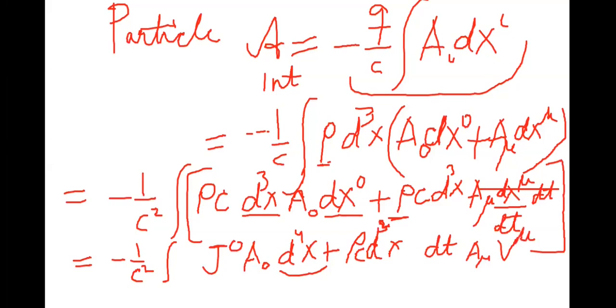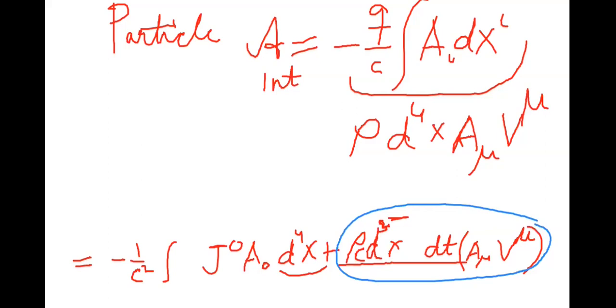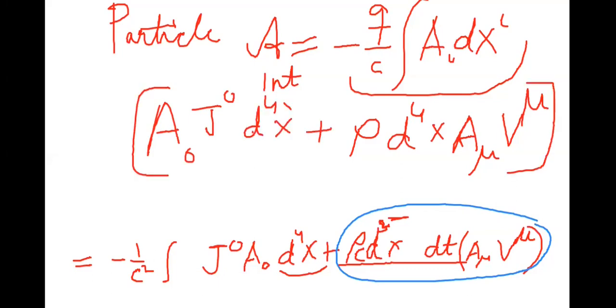So this a mu is a1 a2 a3, and v mu is v1 v2 v3. So with this, the first term is there, which is a0, and of course d4x, and minus 1 by c square, the integral sign.